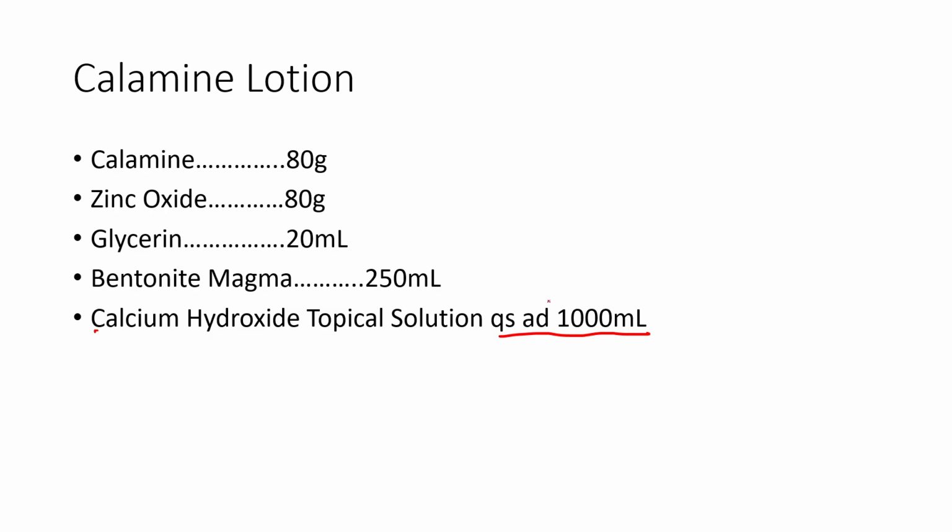You're supposed to look closely at things that contain QS add. QS add in Latin is to make. What this means is you are going to add everything above this line. You're going to combine everything, and after combining, you're going to add sufficient.